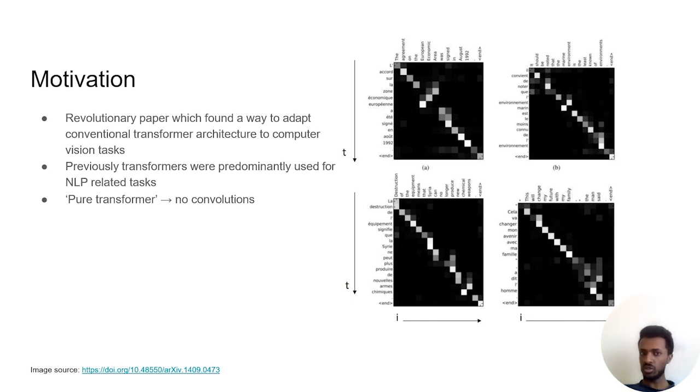Transformers have shown good scalability in handling a large amount of data, and the ability to scale transformers to process a sequence of tokens efficiently motivated researchers to apply them to computer vision tasks.